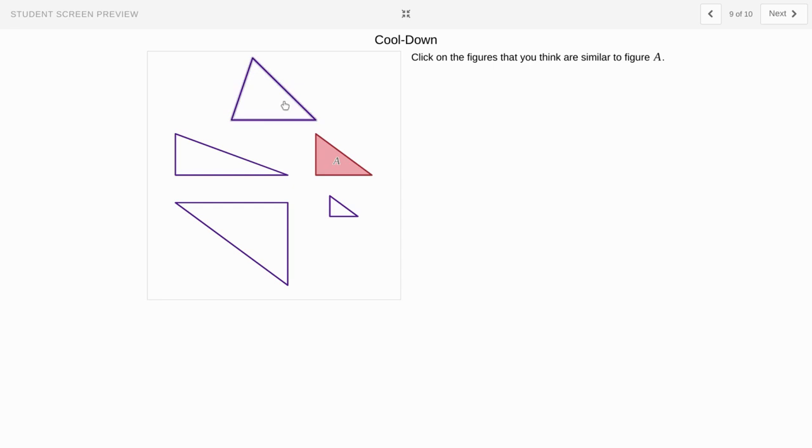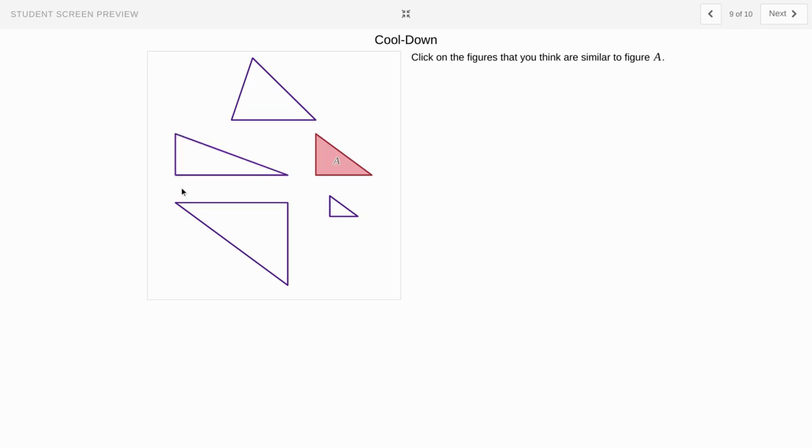Does this shape look anything like A? No. Does this shape look anything like A? Absolutely. However, it's the same height. It's just as tall as A, but it's longer. So notice that one side hasn't been changed in shape or in how big it is.